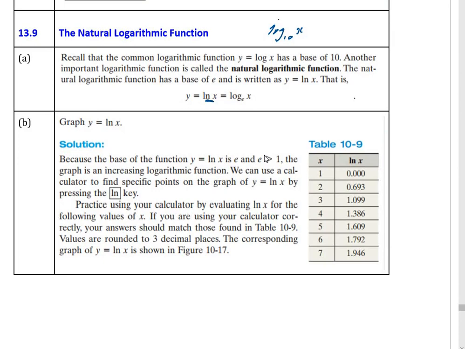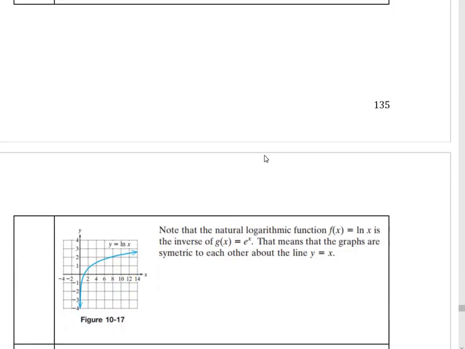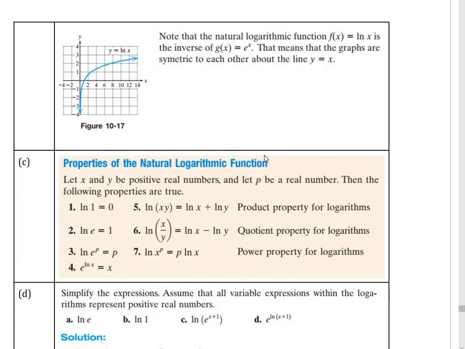So it means that it's greater than 1. When we look at the graphs, it will be a normal log graph where the base is greater than 1. The ln function will look like this, the same as a normal log with base 2 or base 3.